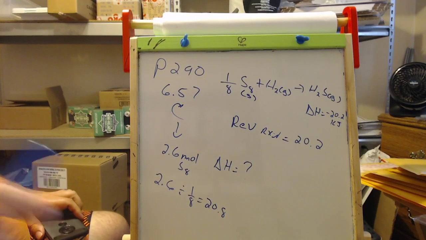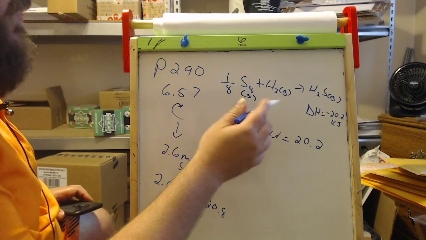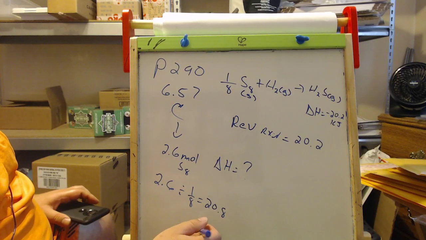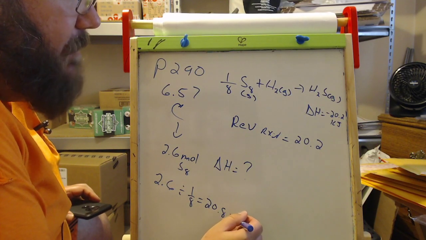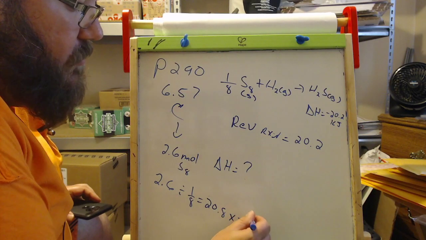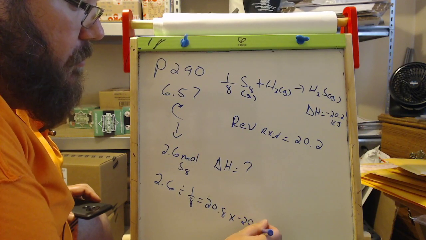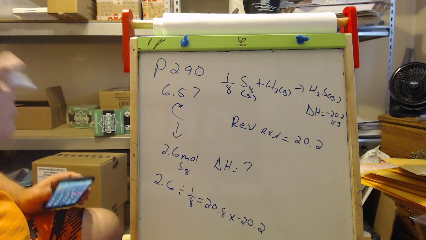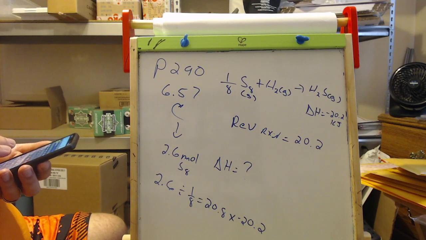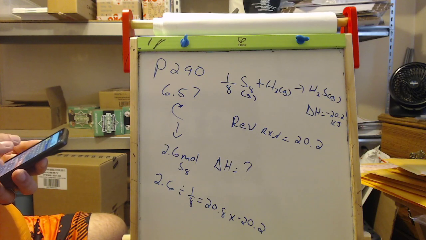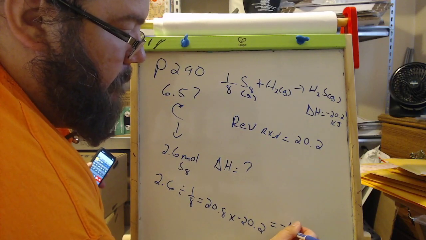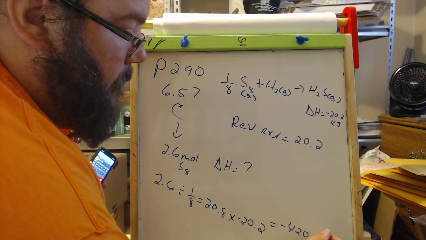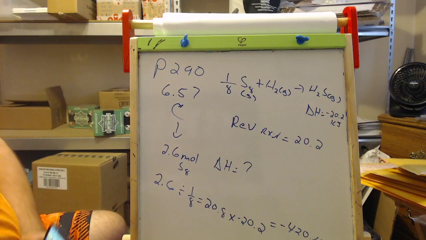So, in order to use 2.6 moles, I have to multiply everything by 20.8. Then I take 20.8 and multiply it by negative 20.2, and that should give me my new answer. 20.8 times 20.2, and I'm getting negative 420.16.